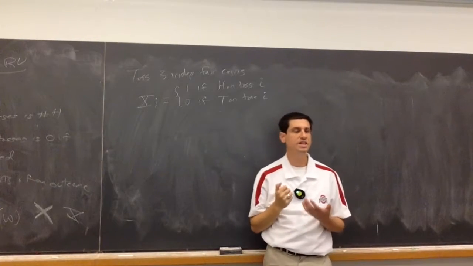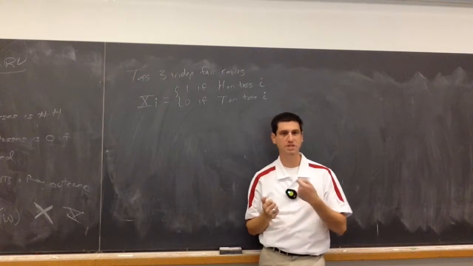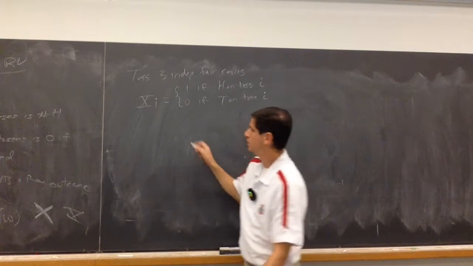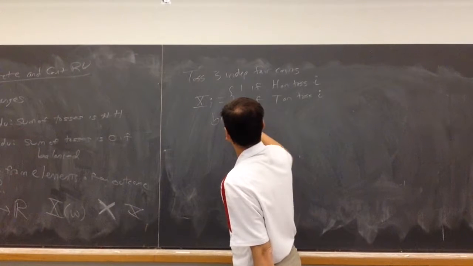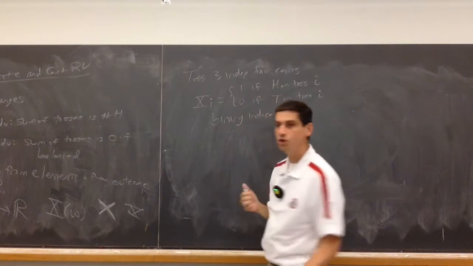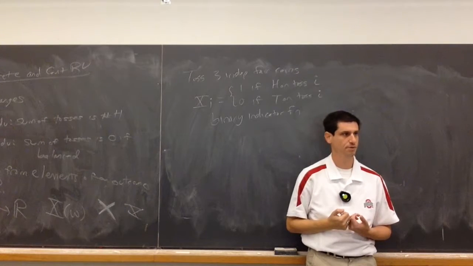This is probably one of the easiest random variables to understand. Basically, it's an indicator function. It happens or it doesn't. In fact, it's a binary indicator function because there are only 2 possibilities. You get a head, you don't get a head.